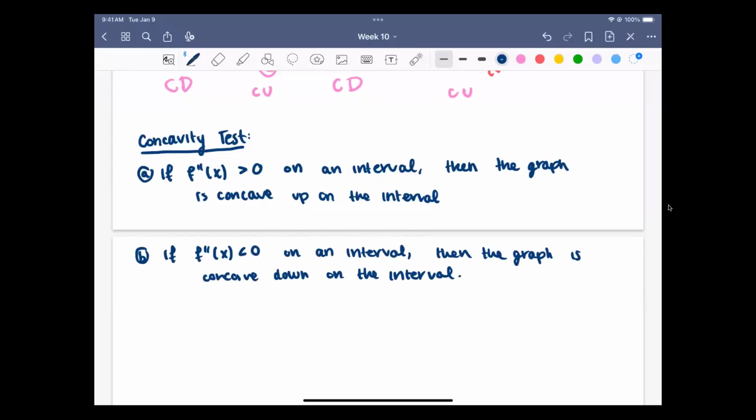Okay, so I'm gonna give you one more test, and this comes from the concavity test, and this is gonna be about whether your function has local mins or maxes at a certain value based on the concavity. So this is called the second derivative test.